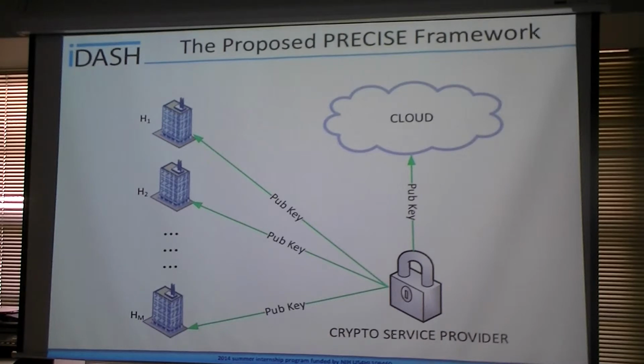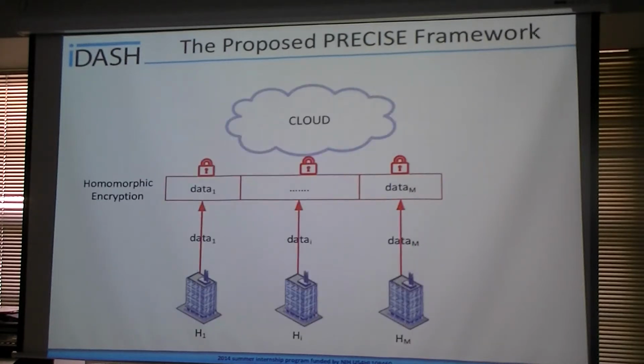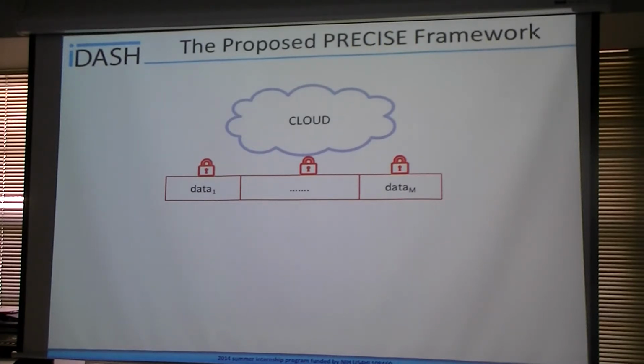First, the critical service provider sends the public key to all hospitals and the cloud for homomorphic encryption. Each hospital will use the public key to encrypt its data and send the encrypted data to the cloud. Because the cloud does not have a private key, it learns nothing from encrypted data.